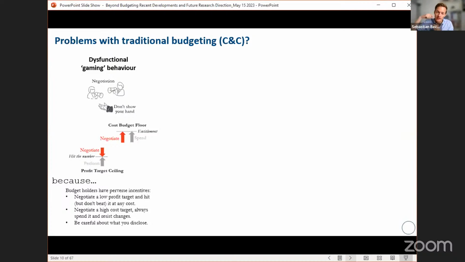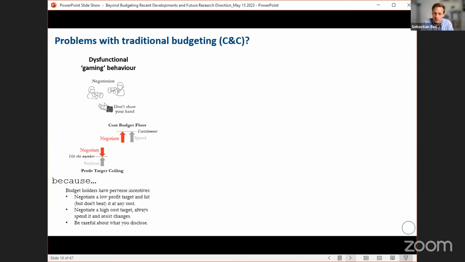And if you know that whatever number you say will come back as a target, and all your resources are attached to it, then you have different incentives, right? So if it comes back as a target, you have an incentive to lowball this number, to say, oh, my sales will look very bad in the next year. So I have no incentive to actually say the actual realistic number. So I'm really gaming my behavior, right?